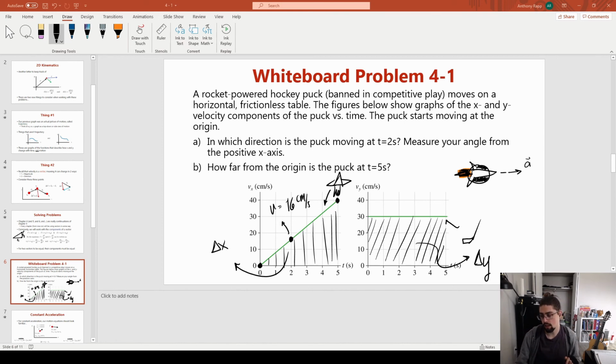So I can look at these things and I can say, okay, well, my change in Y is 5 times 30, a total distance of 150 centimeters. My change in X, 5 times 40 times 1/2, because it's a triangle, and that should give me something like 100 centimeters. That is my displacement in the X and the Y direction.